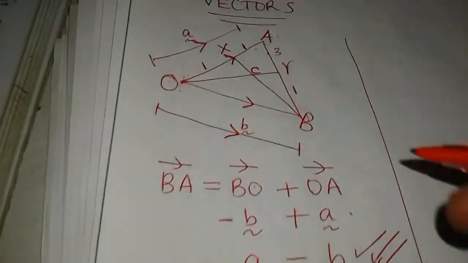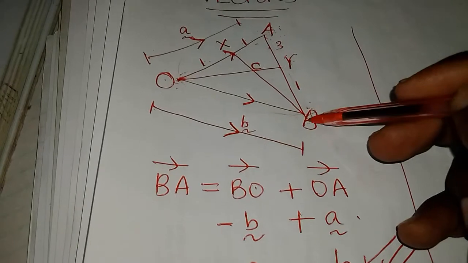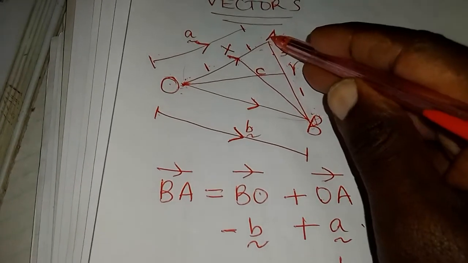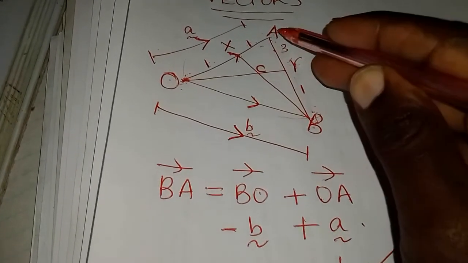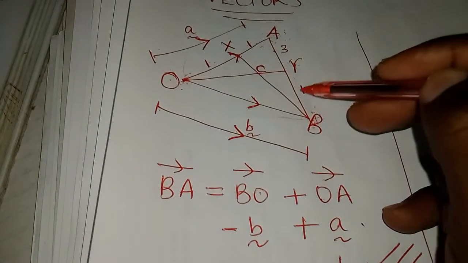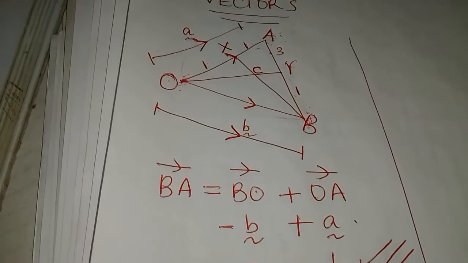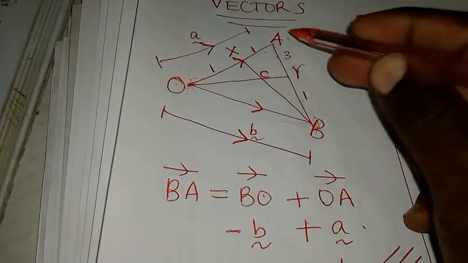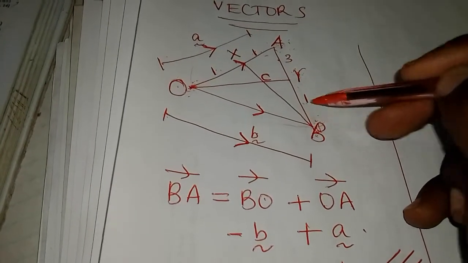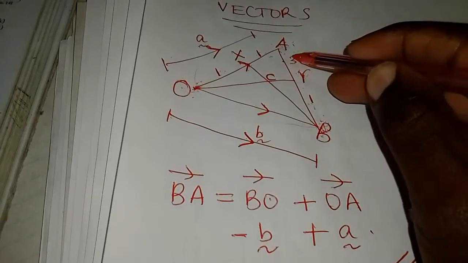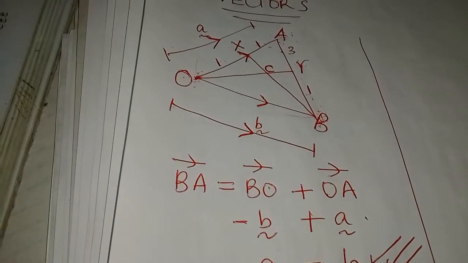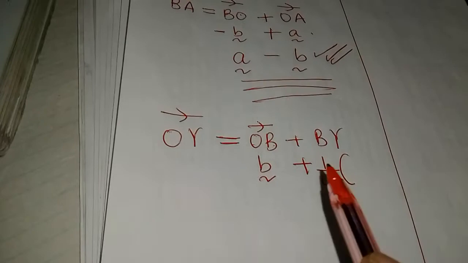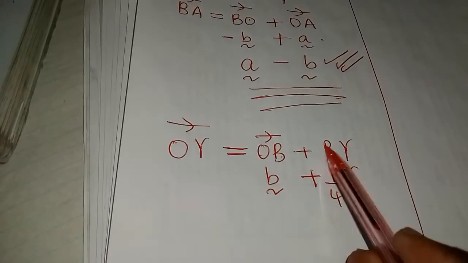Plus BY. You see, BY is a fraction of BA. That is to say, BY is 1, and the whole is 1 plus 3, which is 4. So OB I've said is B, then plus BY.